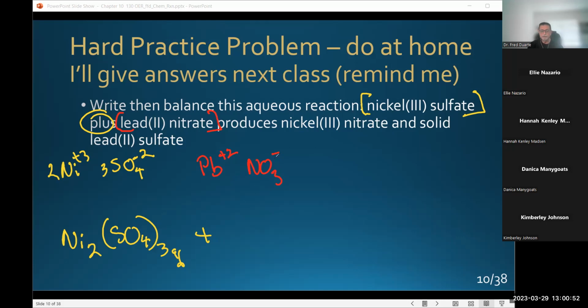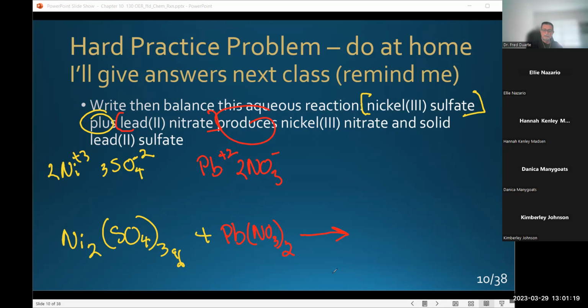It's NO3, negative charge for the polyatomic ion. So we need 2 nitrates for every lead 2+. So we got Pb(NO3)2. Produces is our keyword for arrow.